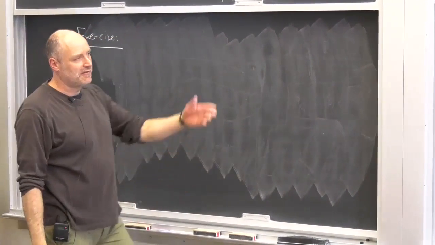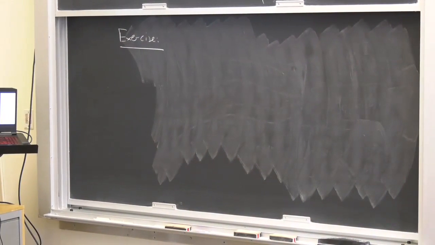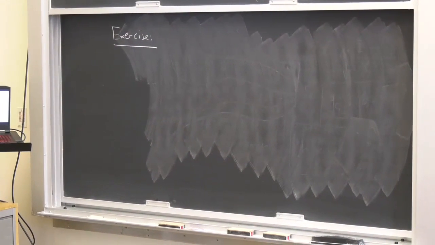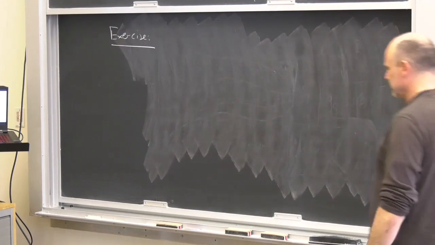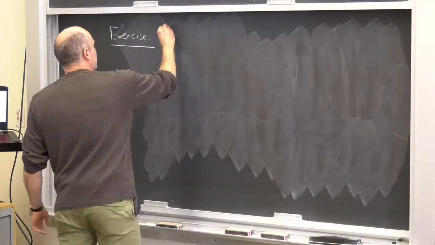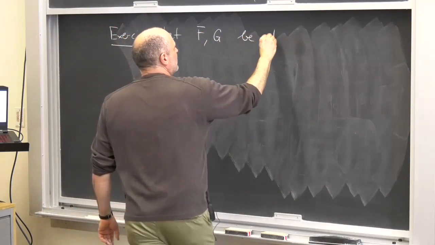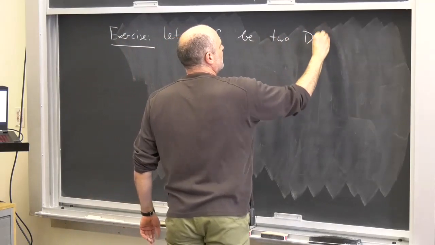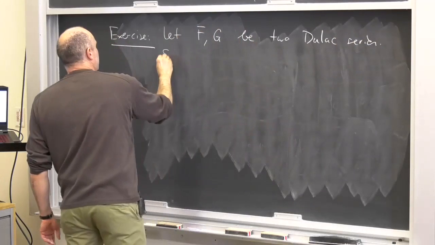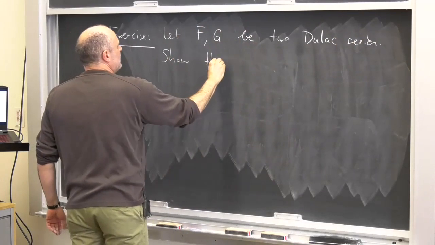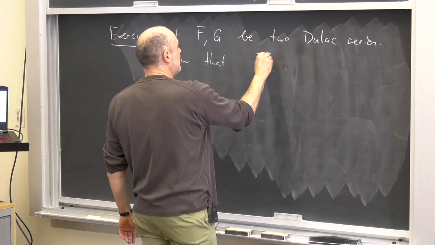So on the formal side, if I do the same kind of composition by inserting a log in between, let F and G be two Dulac series, then you can compose them in the following way.